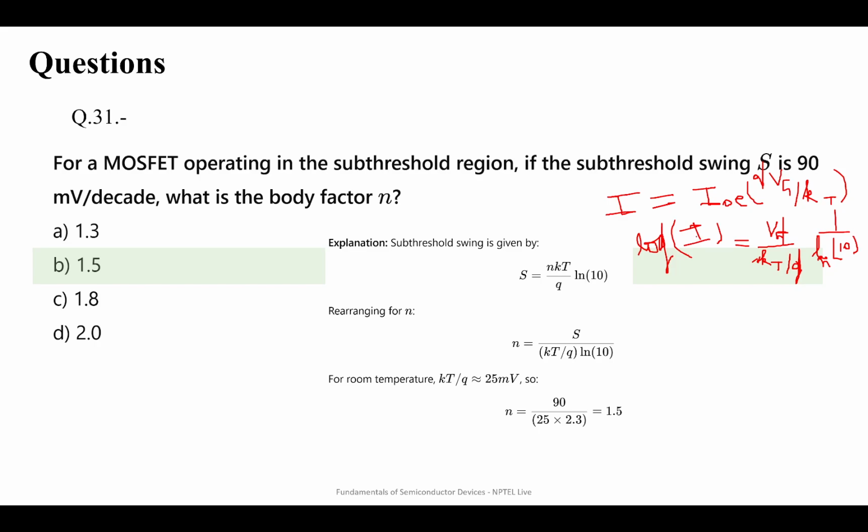So if I take this here, I will get Vg by log I equals kt by q ln 10.